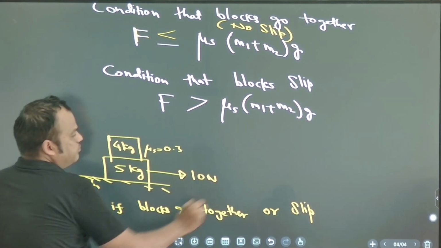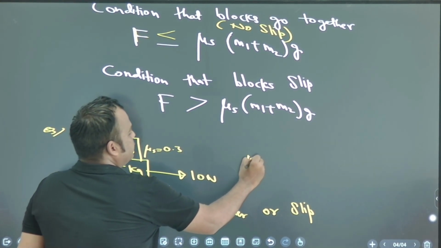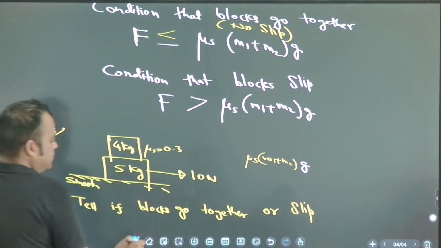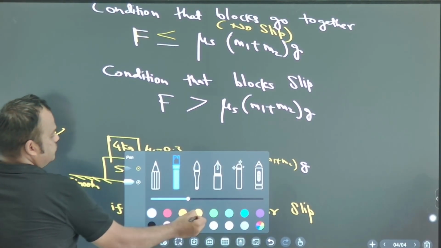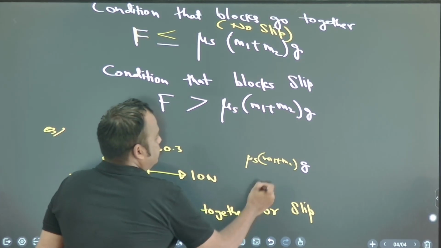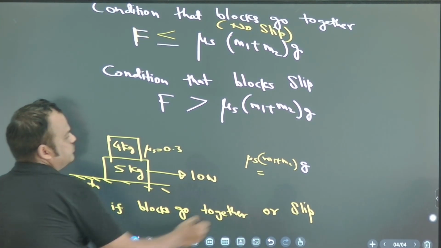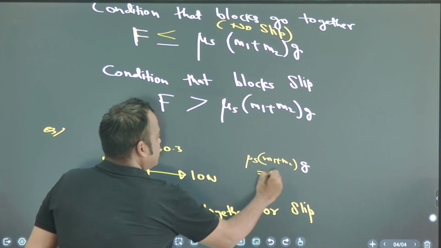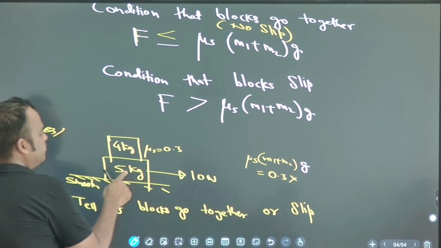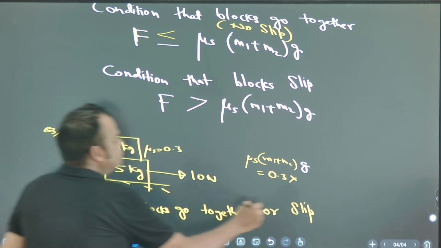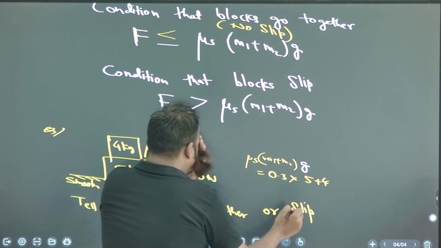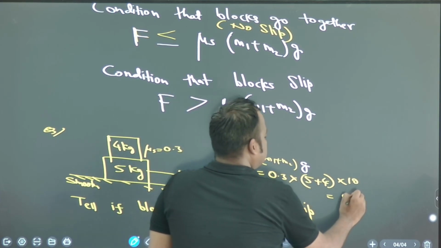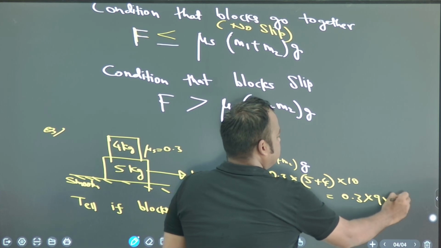First you calculate mu s (m1 plus m2) into g. So 0.3 into 9 into 10.